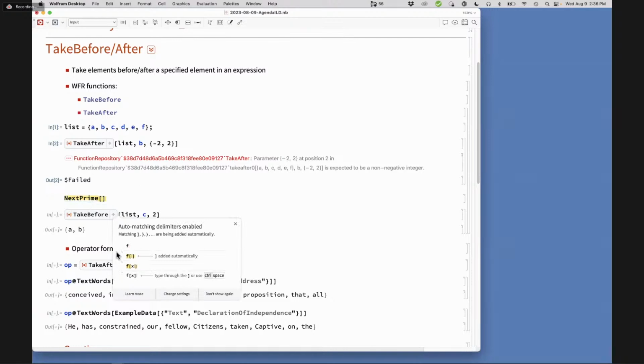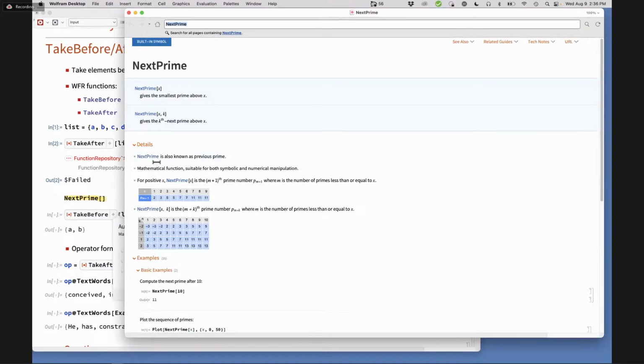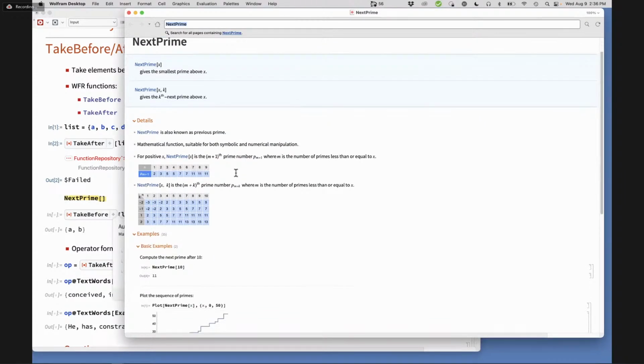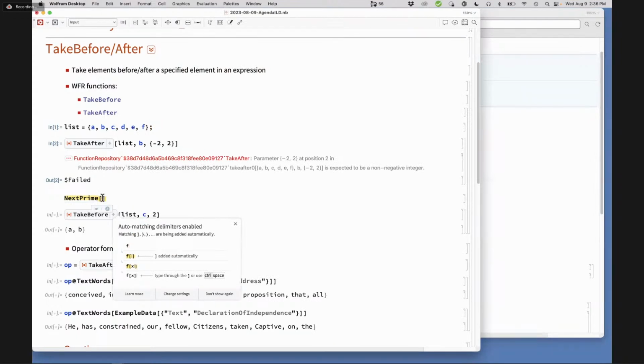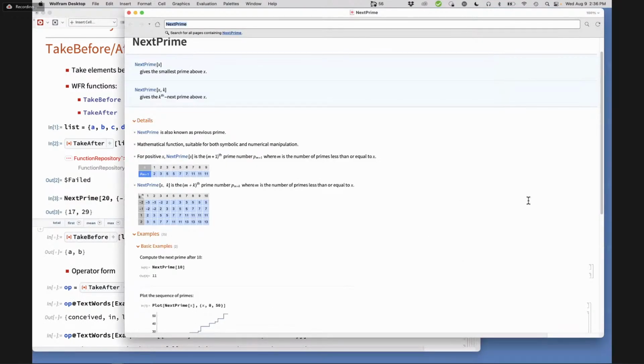If memory serves, and this was a source of some acrimony at one time, I believe we include 0. So if I say NextPrime of... Did you see that documentation? What did it say? Go back to it. NextPrime is also known as PreviousPrime, details.